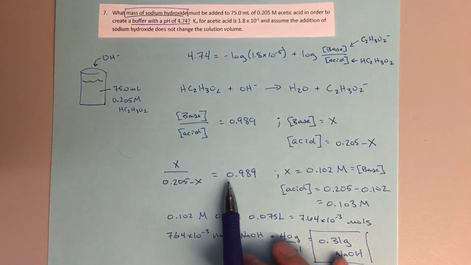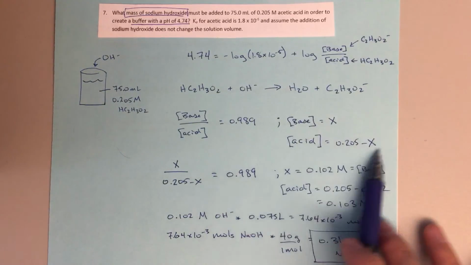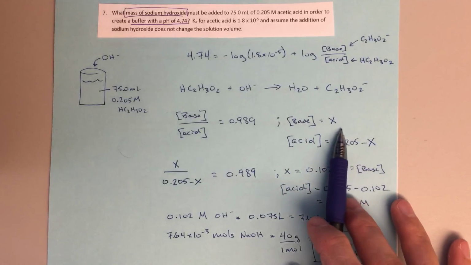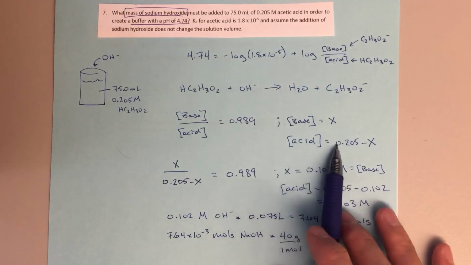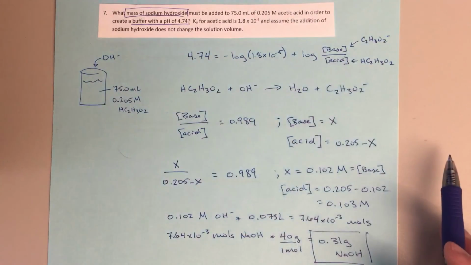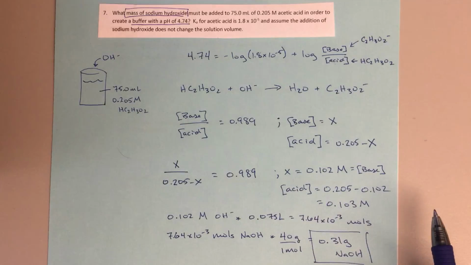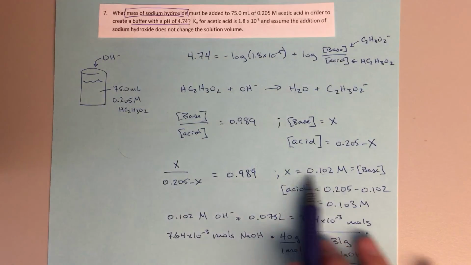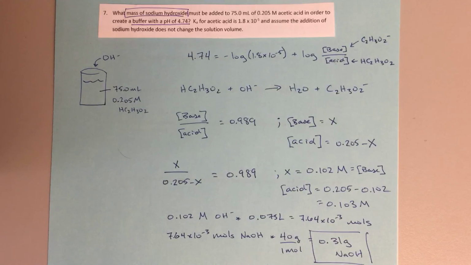From that ratio, I can do this algebra trick. And again, this algebra trick is a little bit confusing, right? It's not something I'm going to ask you to do on the exam, but I will ask you to do a similar type problem, right? And understanding what's going on with the Henderson-Hasselbalch equation, that these are conjugate base, conjugate acid. And then here, this is just doing some math to solve for X, and then converting to grams of sodium hydroxide.